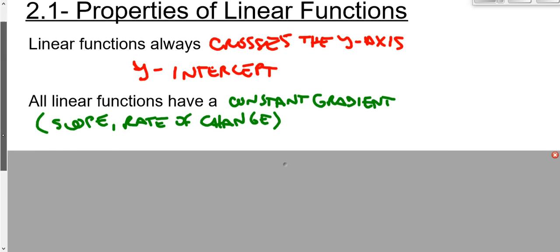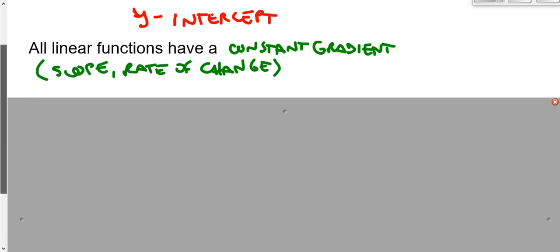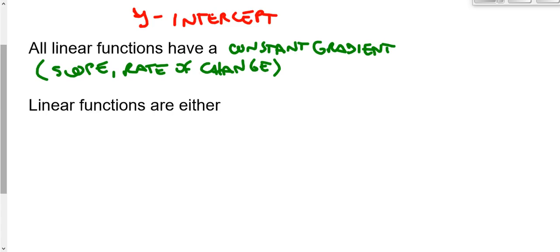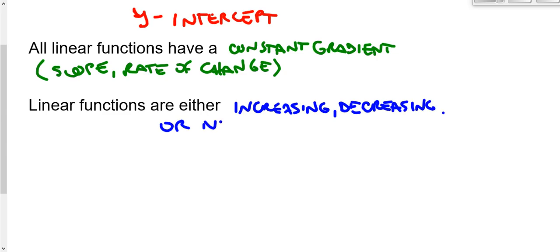And another thing that all linear functions are going to have in common is that all linear functions are either going to be what we're going to call an increasing function, a decreasing function, or neither.